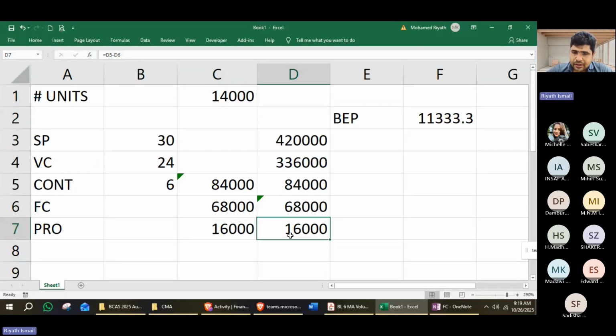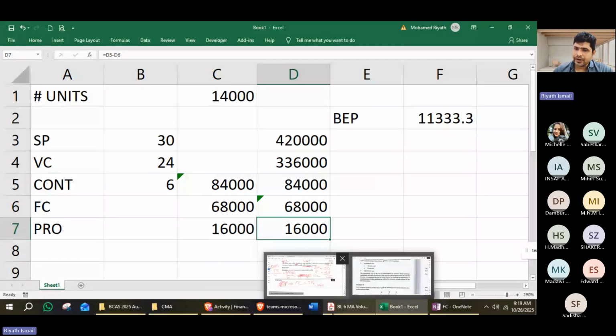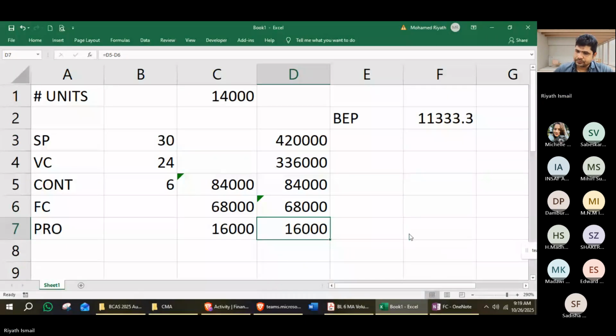So this is one way. By applying the CVP analysis, by using the contribution, the formula, we can directly find this. How?